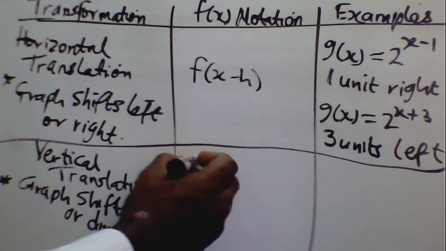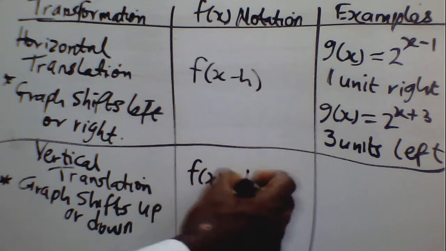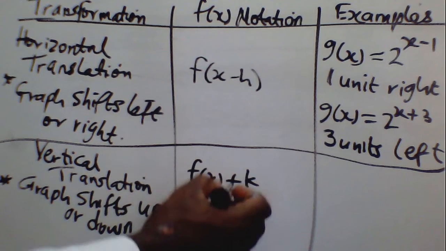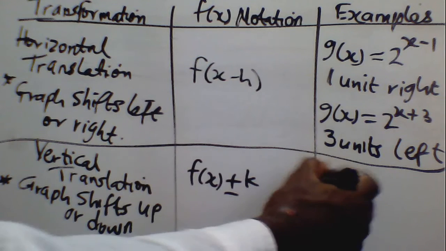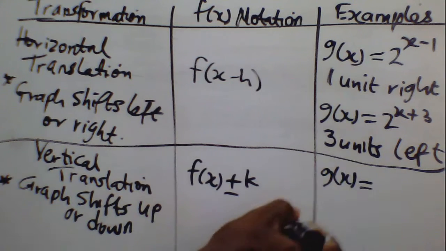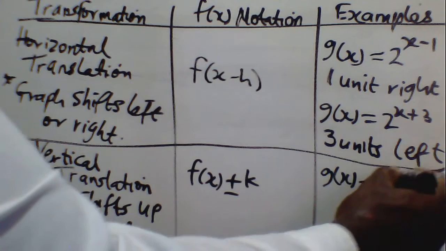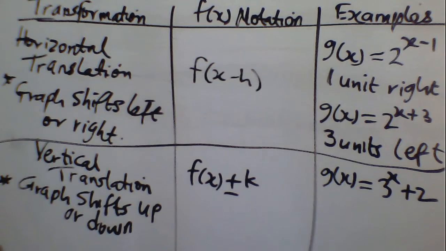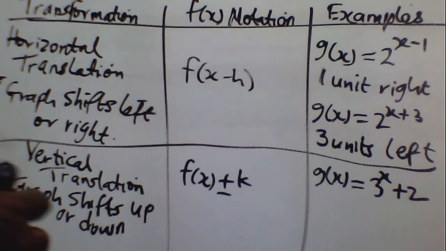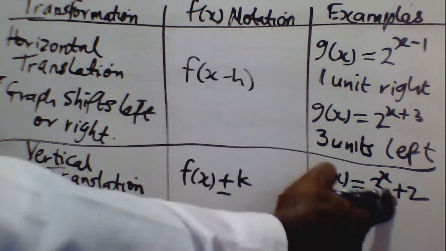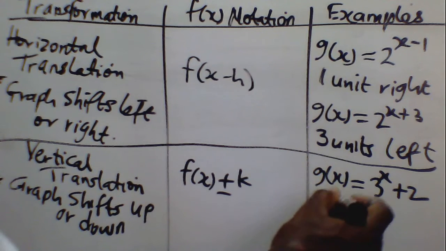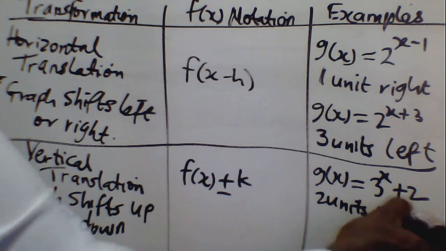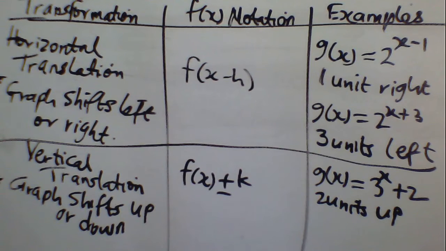In this case, we have f of x plus k. It can be plus, it can as well be minus. When it's plus, for example, g of x is equal to 3 raised to power x plus 2, because k is plus, it will move 2 units up vertically.